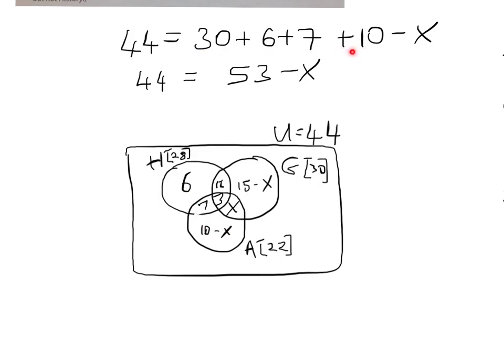So if we add all these guys up, we get 53. Now, to solve this, we're going to bring the x over here to make it a plus x, and we're going to bring the 44 over here to make it minus 44. So finally we can say that x is equal to 53 minus 44, which is 9.